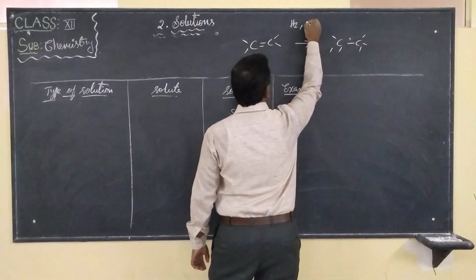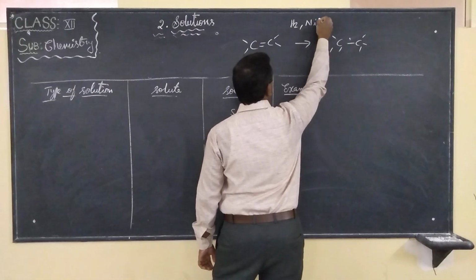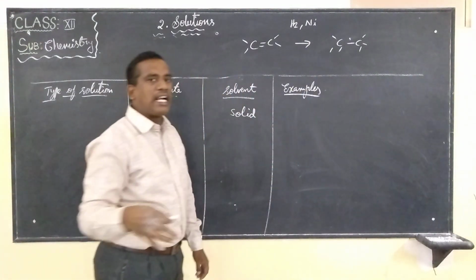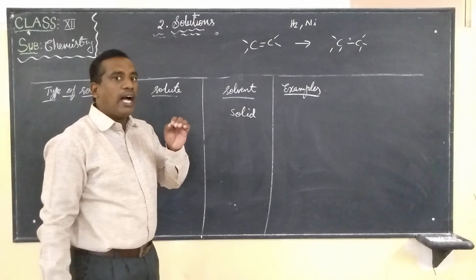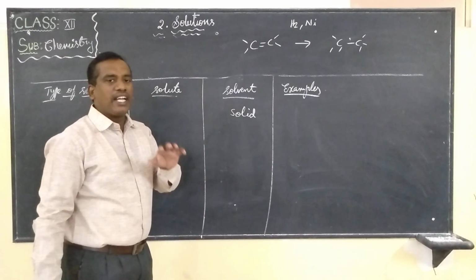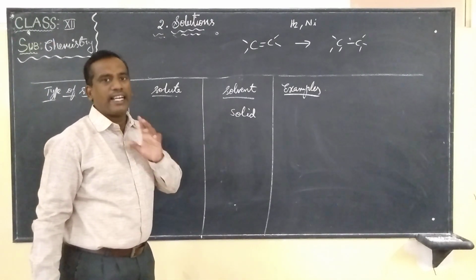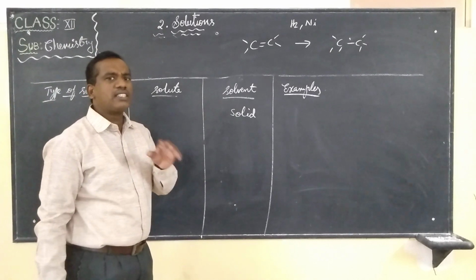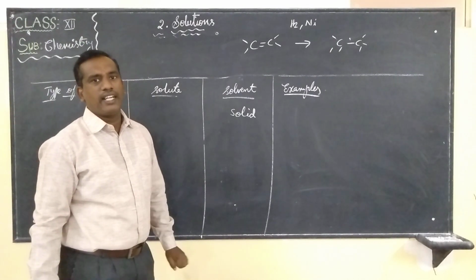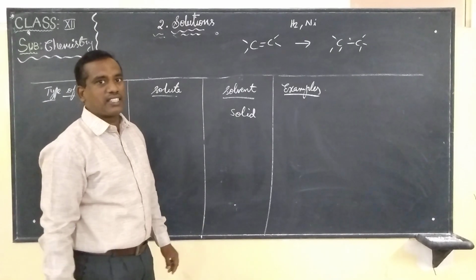What do we use? H2 in the presence of nickel or platinum or palladium. Hydrogen gas with nickel catalyst. What is the state of nickel? Solid state. But hydrogen is a gas.